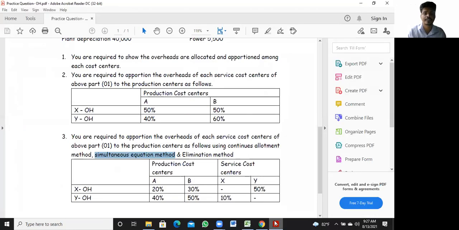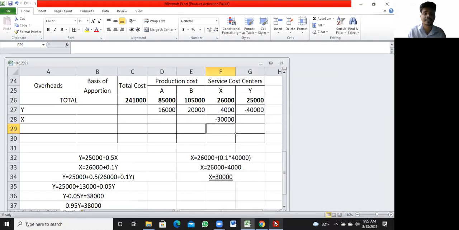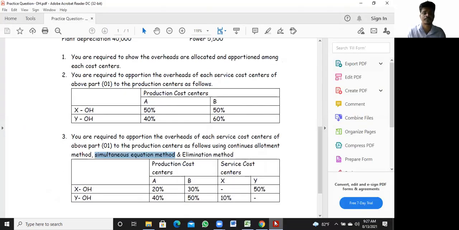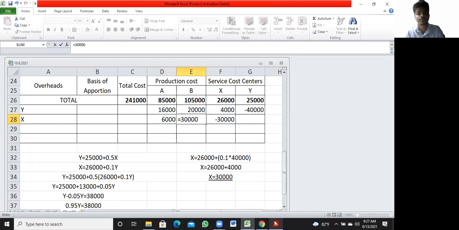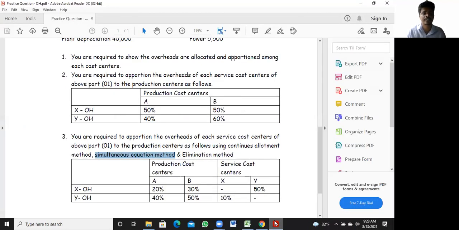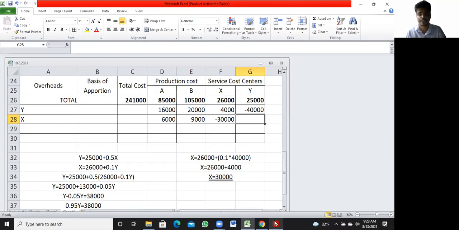Then 20%, 30%, 50%. 30,000 into 20%, equals. 30,000 into 30%. Then 30,000 into 50% for Y.